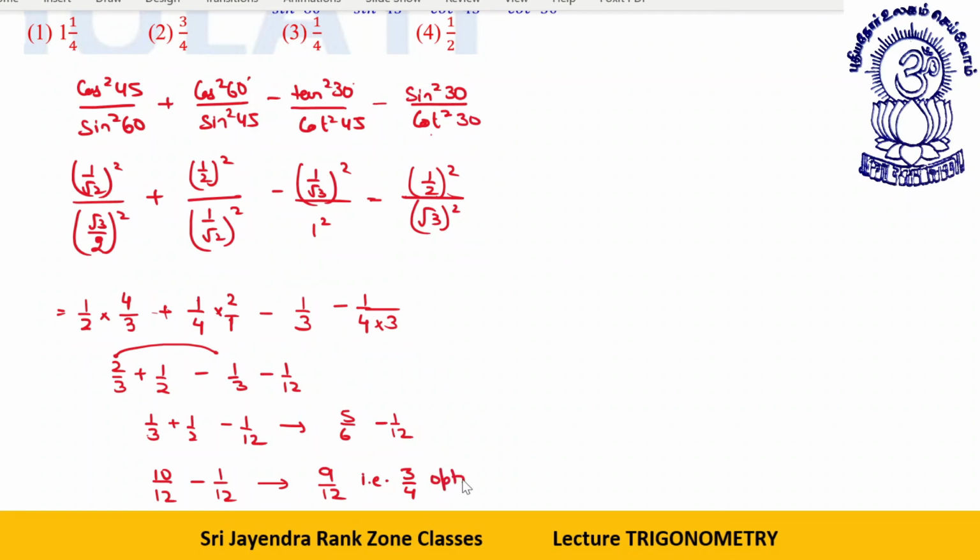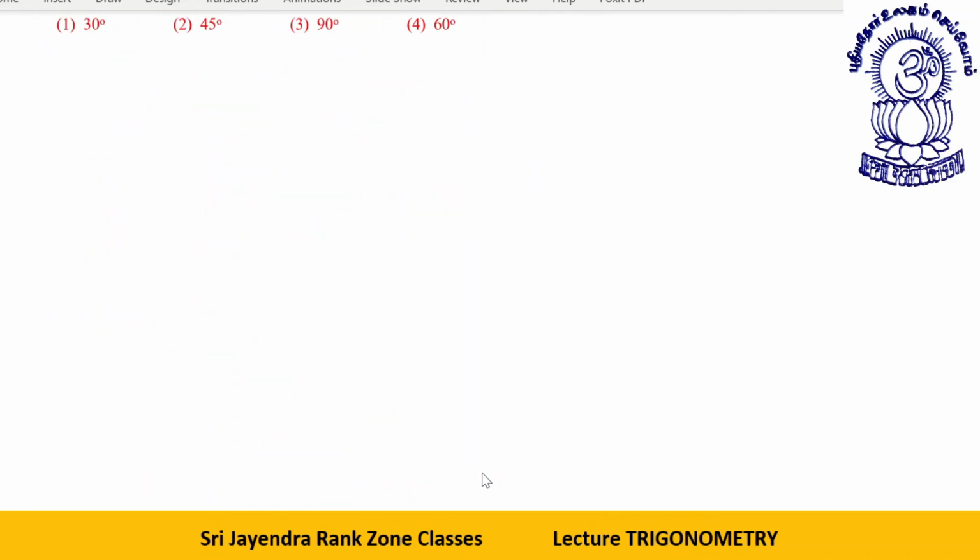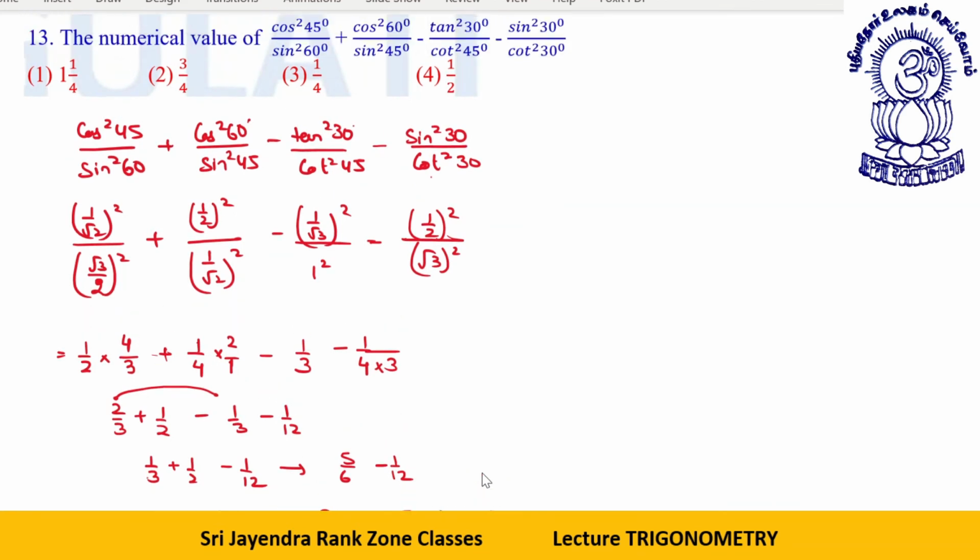Option 2 is the answer. Clear to all of you? You can have a look at the calculation if you want before I move to the next one. You can have a look at it.